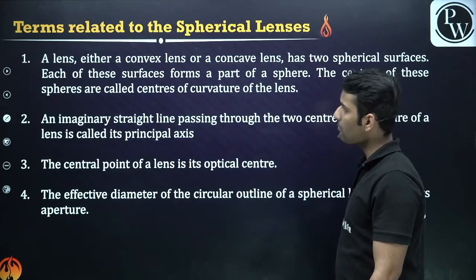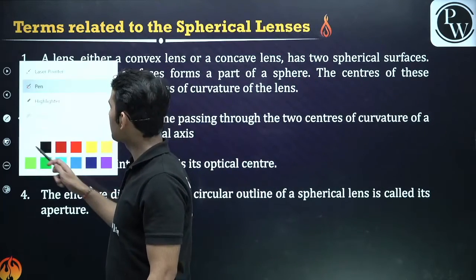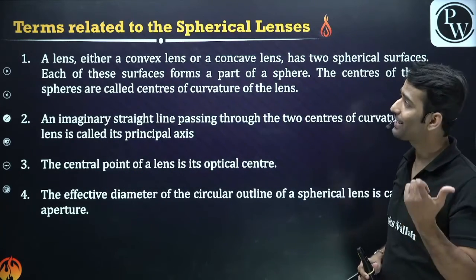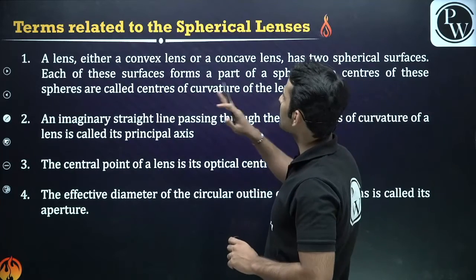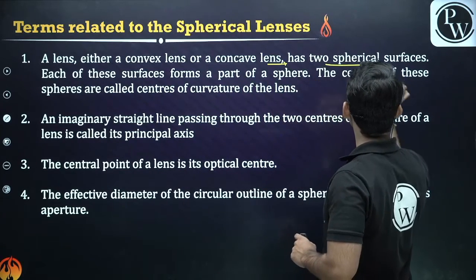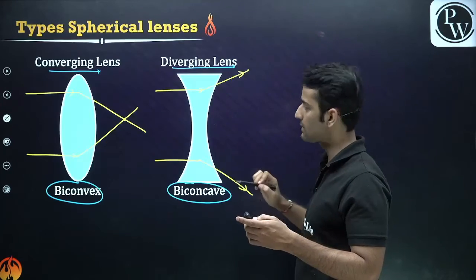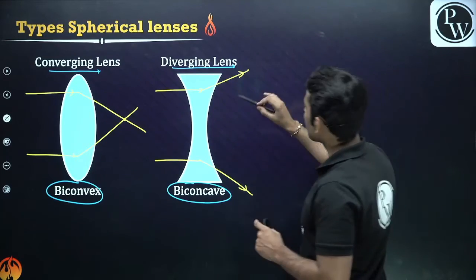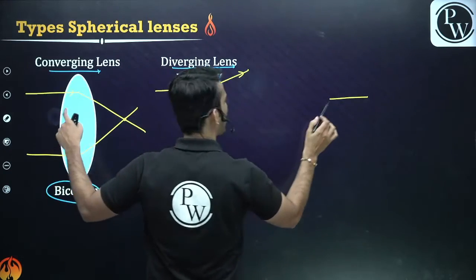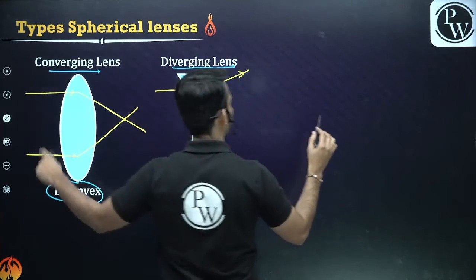Fine. So guys, like we had in the mirror, we also have some terms related to spherical lenses. First, a lens, either concave or convex, has two spherical surfaces, like I had told you.